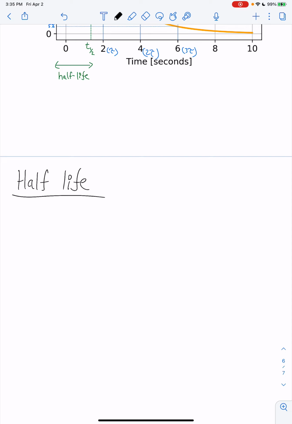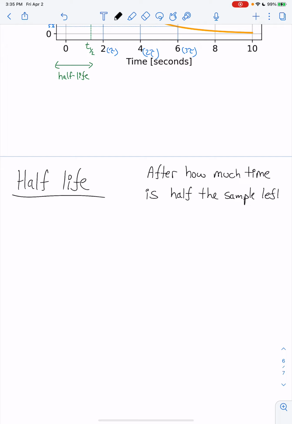So, after how much time is half left? And, of course, half has decayed. Well, let's start with our equation for the amount at any time.